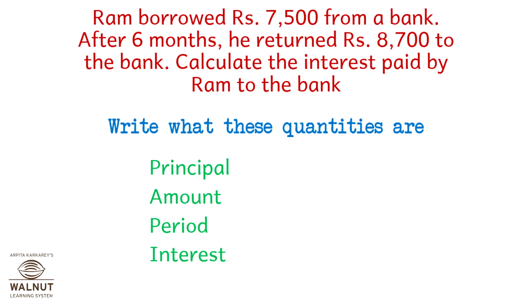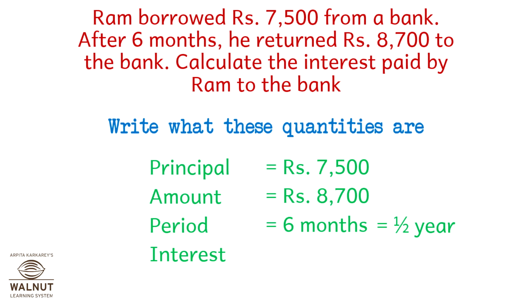Let's find out what these quantities are. The principal P is rupees 7,500. Amount A is equal to, he returned rupees 8,700. Period is 6 months.